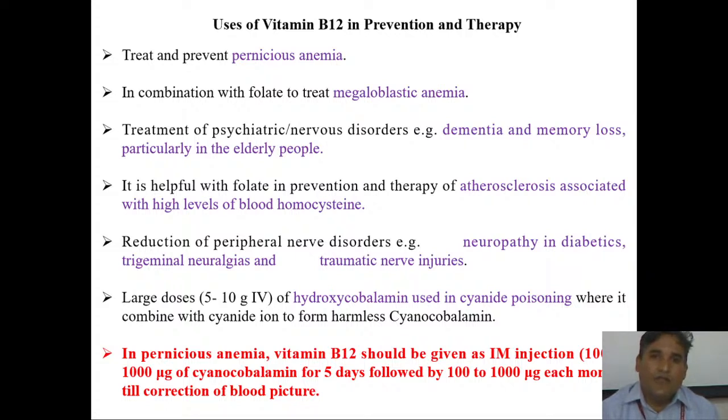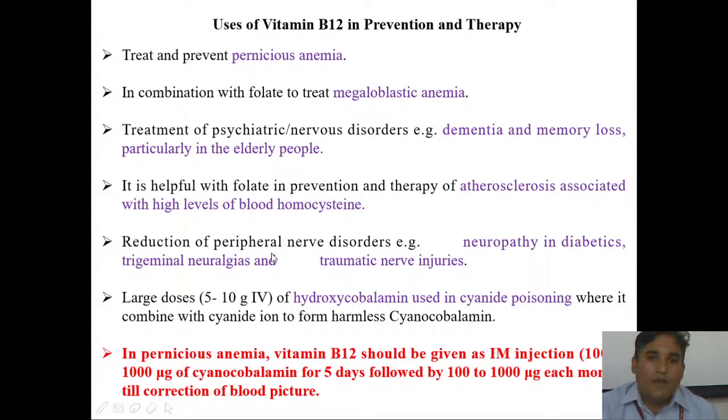Uses of vitamin B12: to treat pernicious anemia, in combination with folate to treat megaloblastic anemia, treatment of psychiatric and nervous disorders, for example dementia and memory loss, particularly in aged people. It helps folate in prevention and therapy of atherosclerosis associated with a high level of homocysteine, because it reduces the level of homocysteine by converting homocysteine to methionine.